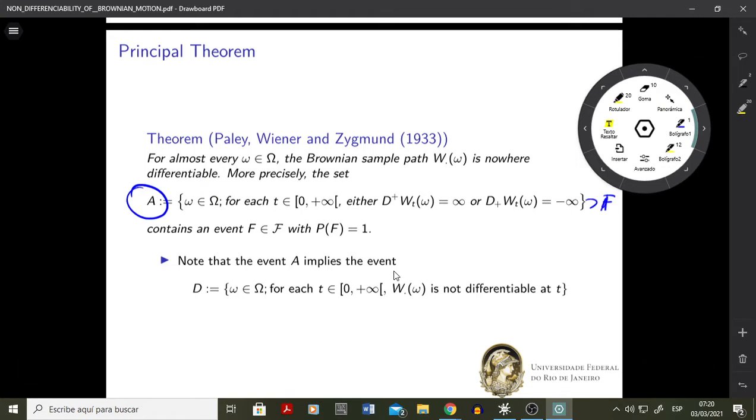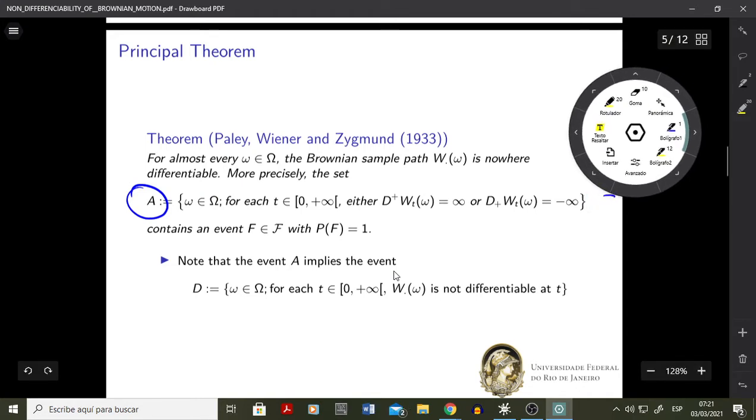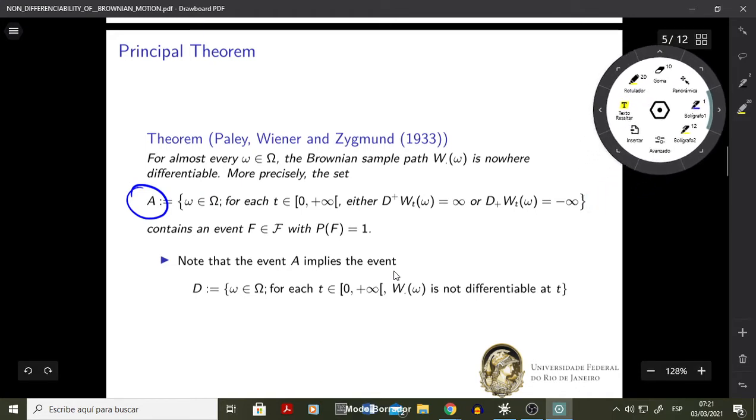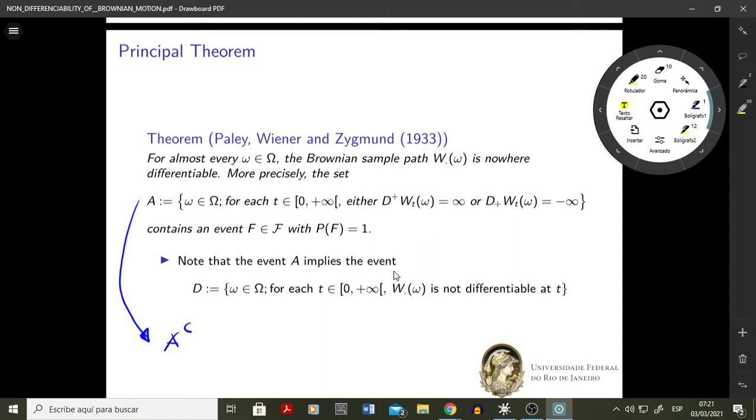But okay, just let me say that this implies that the probability of A is equal to 1, because, up to a set of measure 0, if the probability space is complete, then we can say that the probability of A is equal to 1. Actually, we are going to work with the complement of this set.